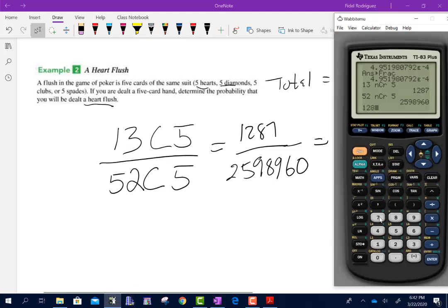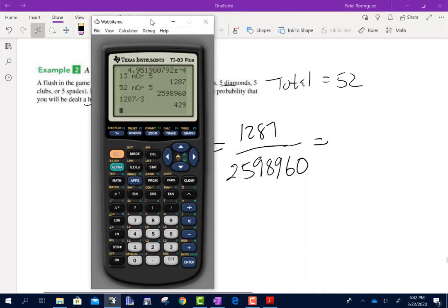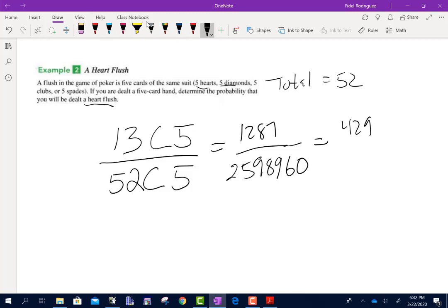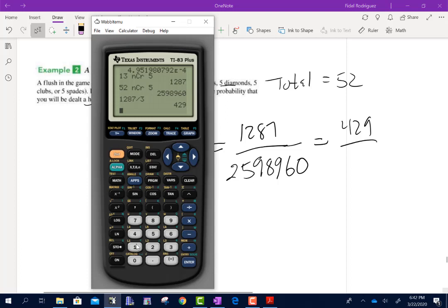So let's go 1287 divided by 3. Yes, that's working, 429. Now it doesn't mean the other one's going to work, but I'm going to try. So 429 on top, and the other number, 259,8960.